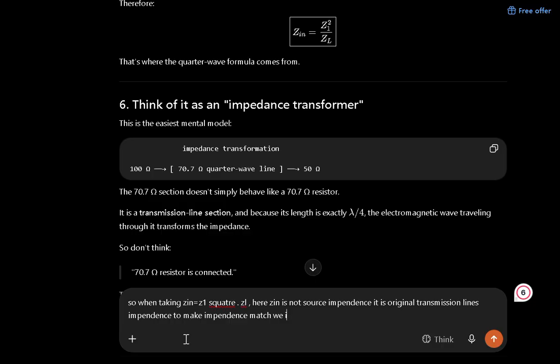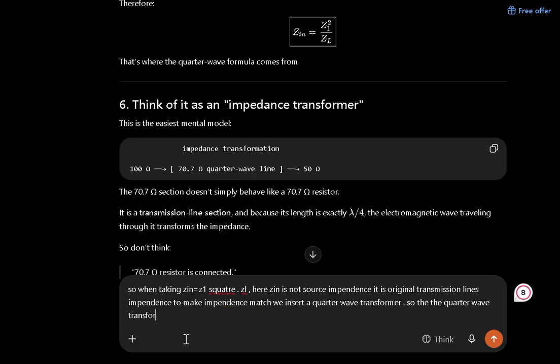We have a quarter wave transformer. The quarter wave transformer changes the Z0 we want for the match.